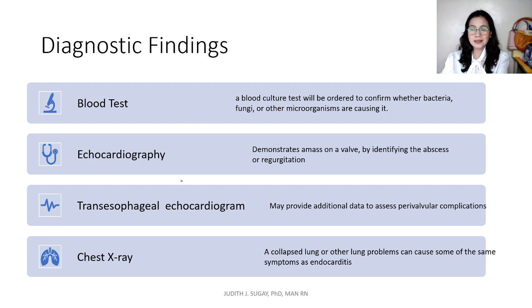Next, there is echocardiography, which will demonstrate a mass, see the valve, and identify any regurgitation. Then there is the TEE, or transesophageal echocardiogram, which provides additional data to assess perivalvular complications. It is done through the esophagus.